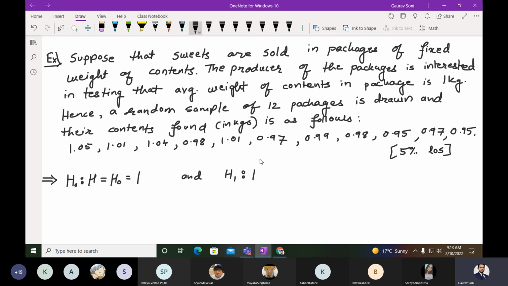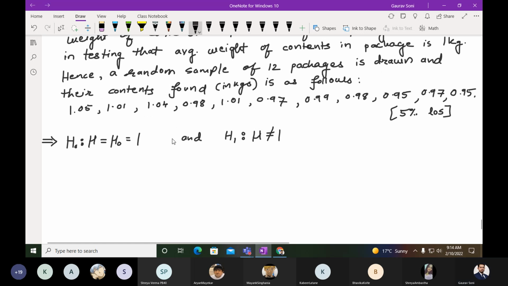Look, even the lesser is not accepted, neither the more than 1 kg is accepted. So that's why I'm writing my alternative hypothesis as mu is not equal to 1. So the table that we will use here is the two tail table.